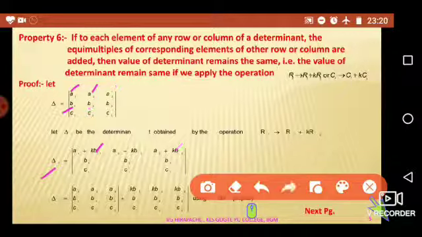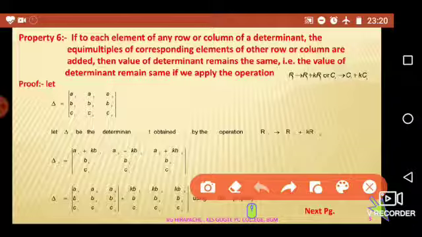Now, in the fifth property we have seen that if any determinant consists of the sum of two or more terms, then such determinants can be expressed as the algebraic sum of two or more determinants.